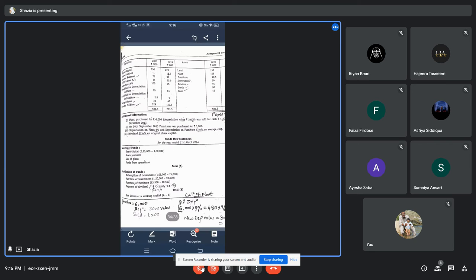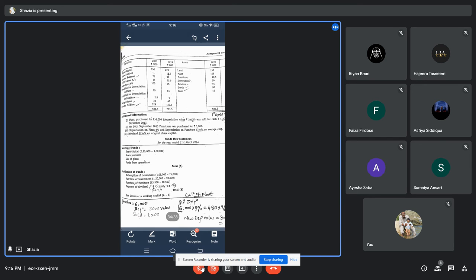September means April, May, June, July, August, September: 6 months. Within those 6 months, from April to September, they have purchased furniture of 3,000. And how much depreciation is charged on the furniture? Depreciation on furniture is charged at 12.5% on the average cost. Okay, so here I have written in pencil.